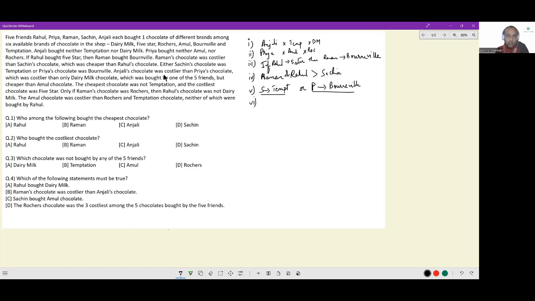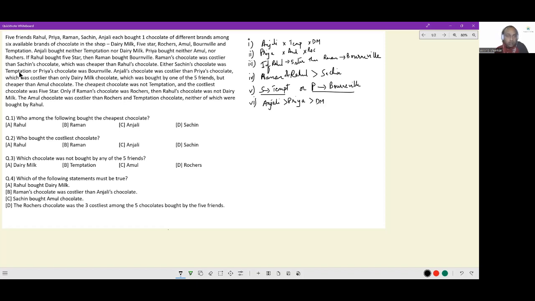Next, Anjali's chocolate was costlier than Priya's chocolate. So Anjali is greater than Priya, which was costlier than only Dairy Milk. So this is greater than Dairy Milk.